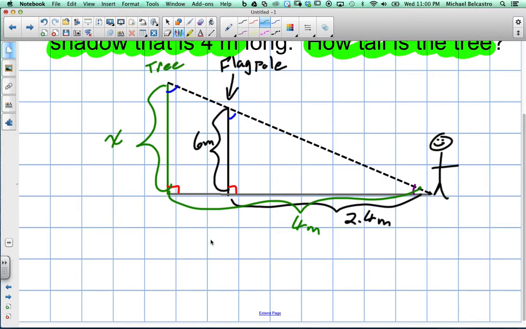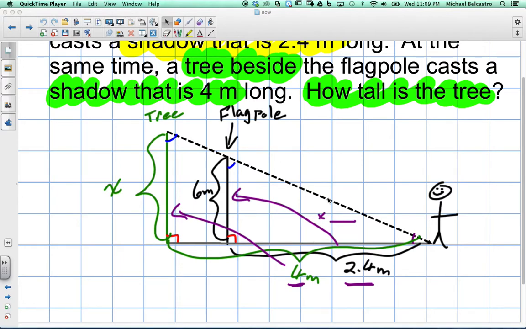So there are a couple of different relationships going on here. One of them is that, because these relationships are the same, we can use some number, some factor, to go from 2.4 to 6. And that same number will take us from 4 to our unknown x. Because we're increasing, we're going to be multiplying by some value.